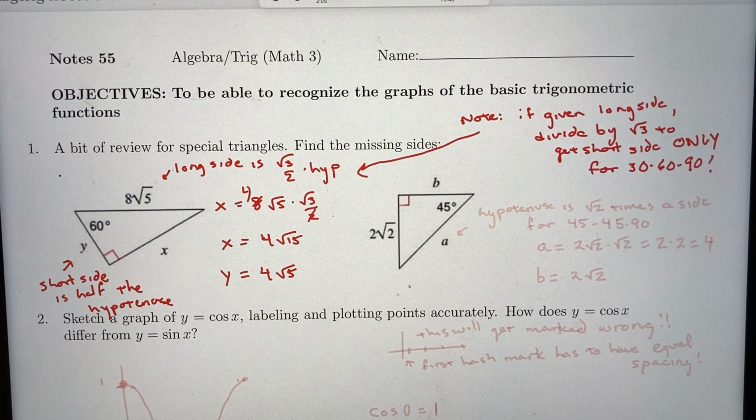Okay. What about 45-degree triangles? The hypotenuse is root 2 times the side.